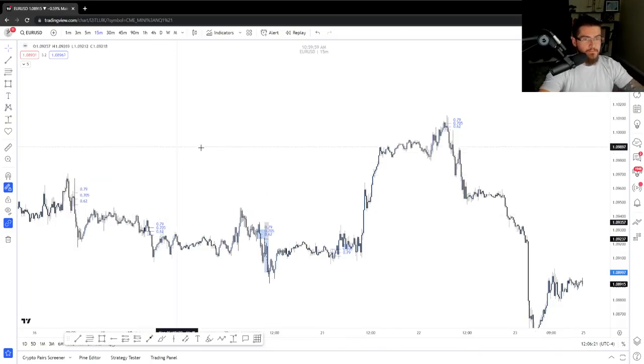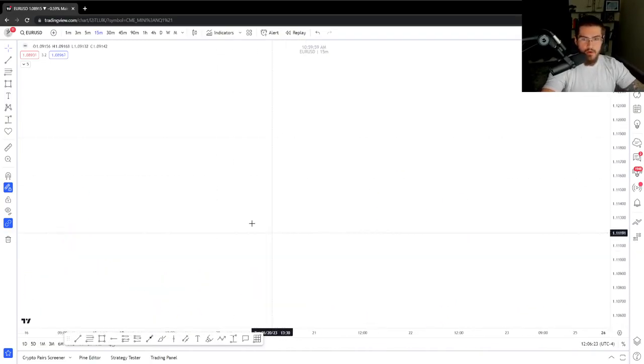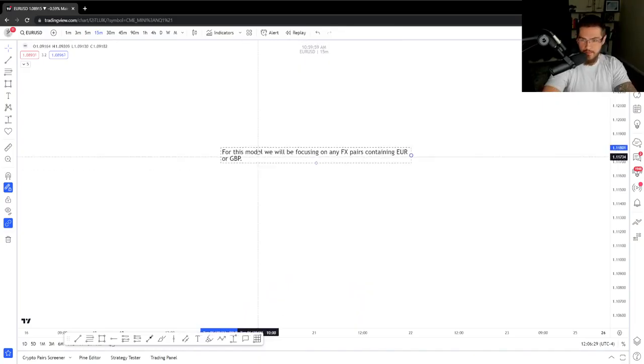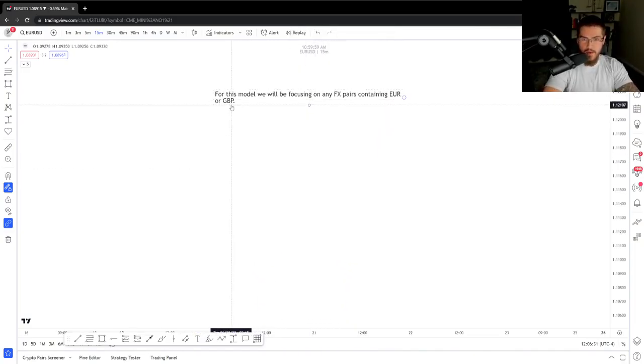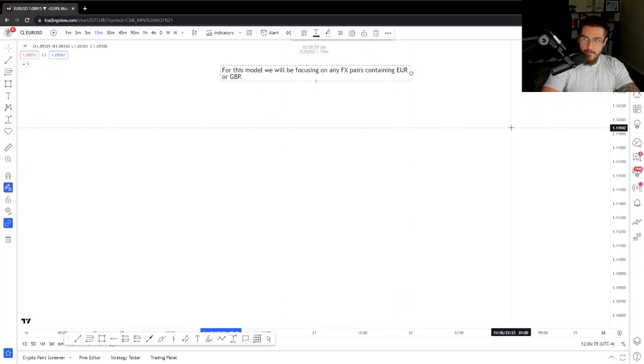So, for example, the first model we'll go over is the one in the London session, and you would want to be focusing on any forex pairs that contain the euro or the pound, right? We could use literally anything that has that in the pair at all. So that's a lot of pairs. You don't really need much more than that. That's going to give you pretty much most of the pairs that most people trade anyway. I think they have one of these in them.